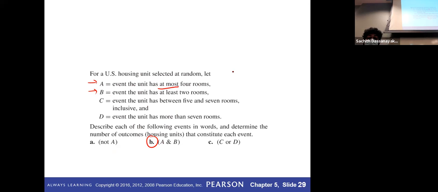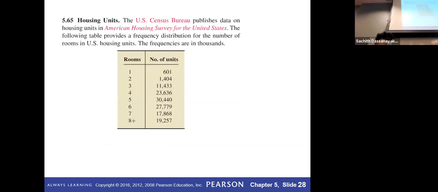At most means less than or equal to: the maximum can be 4 or equal to 4. This one is at least 2. At least 2 means greater than or equal to. So the number of rooms can be greater than or equal to 2 and less than or equal to 4, which means 2 to 4 inclusive.